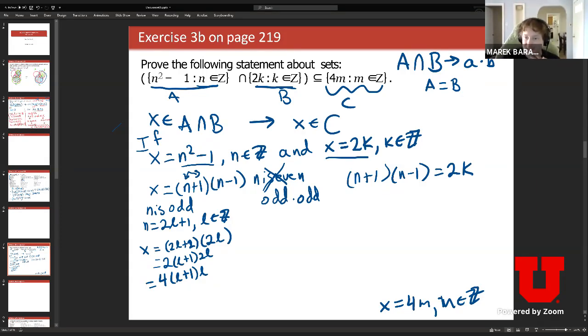We know that because x equals 2k, n can't be even from up here, because that would mean that x is odd, and this makes it even. And we showed here that there's some integer L such that 4 times L plus 1 times L is equal to 2k.